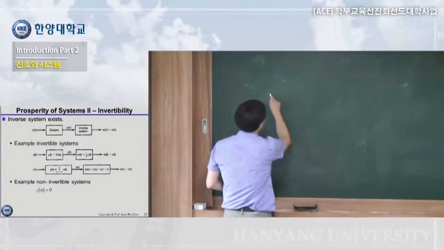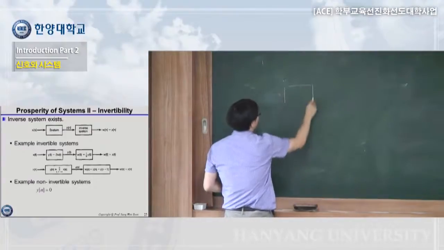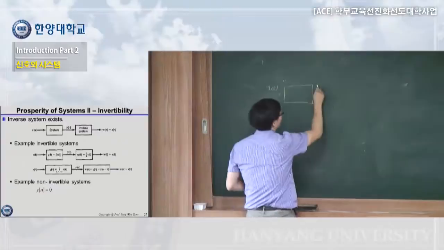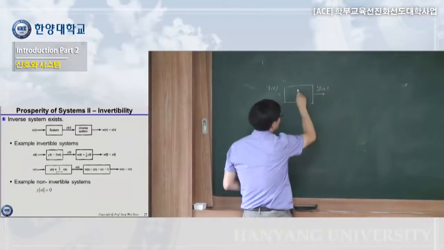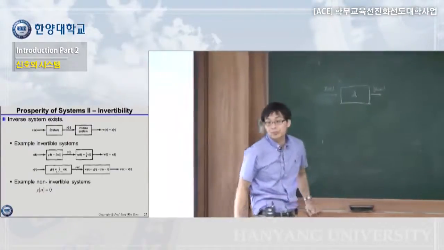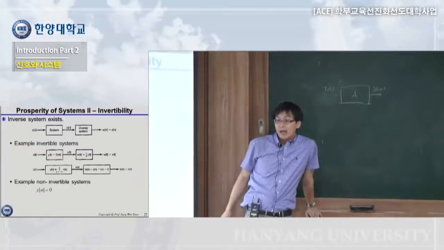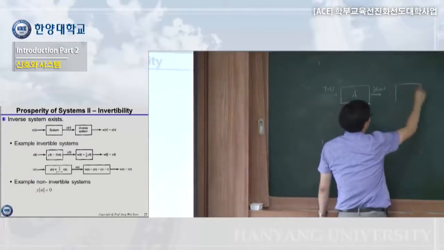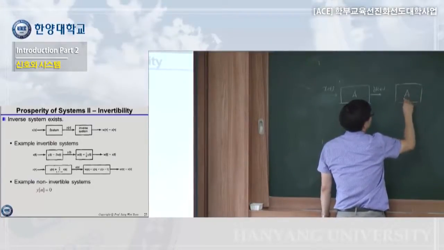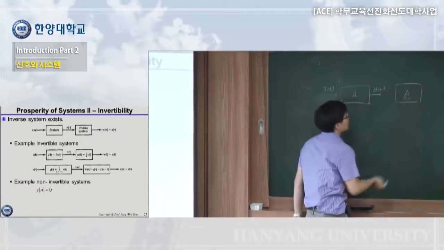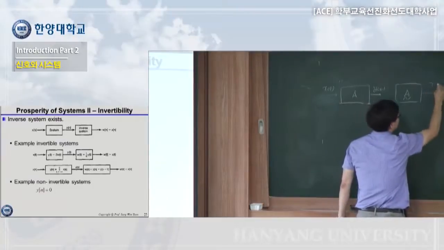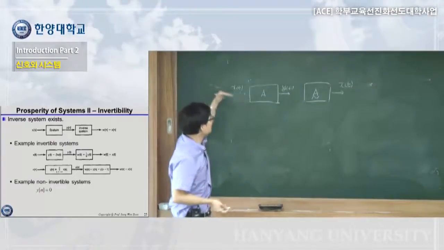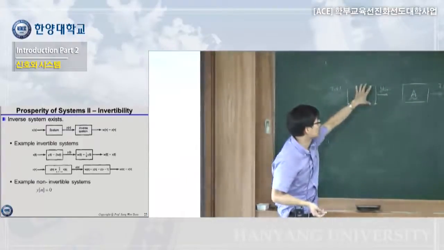Invertibility is like this. If you have a system, say system A, having an input and having an output, and if you have another system, say A tilde, so input is X, output is Y on this system.